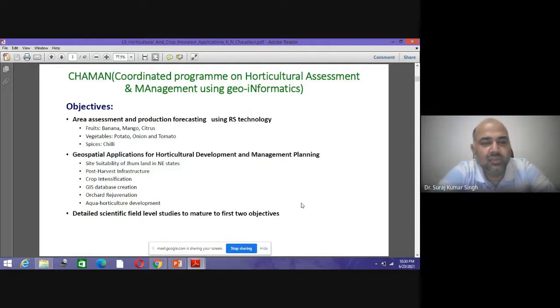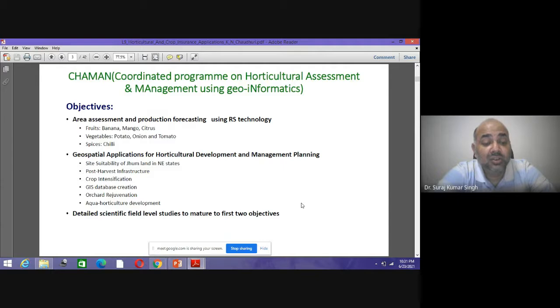We'll be looking at post-harvest infrastructure, crop intensification, what the cropping pattern should be, what the health condition of the soil is, what the soil fertility is, and which kind of soil is suitable for which kinds of plantation or cultivation. Because we have a large geographical area, all such data sets cannot be manually handled, and you need a technology and technique, because without that the assessment is perhaps next to impossible.